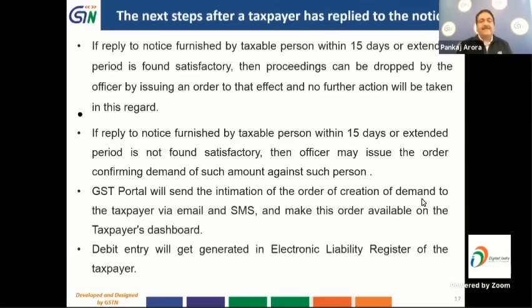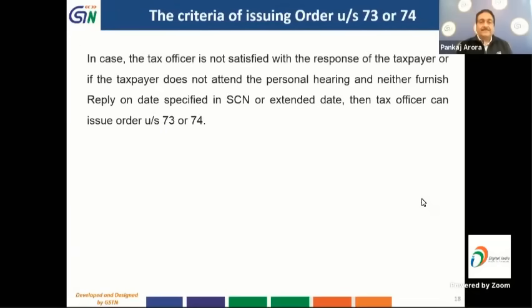And if the order has been issued wherein certain liability has been confirmed, then the electronic liability register will get updated, and a debit entry corresponding to the amount confirmed by such order will be updated in the electronic liability register of the taxpayer.